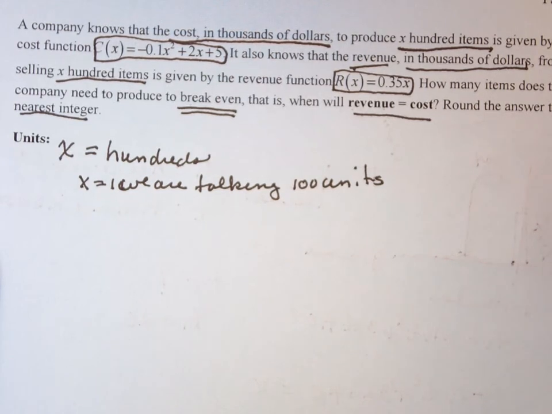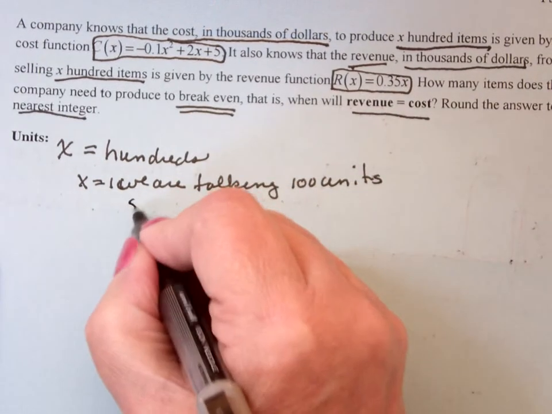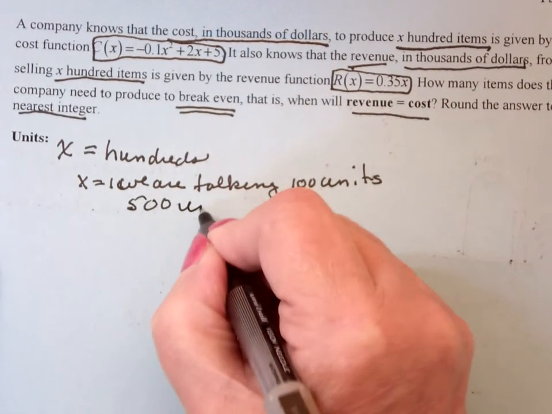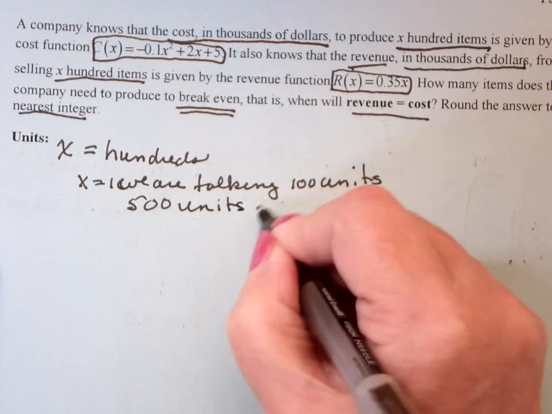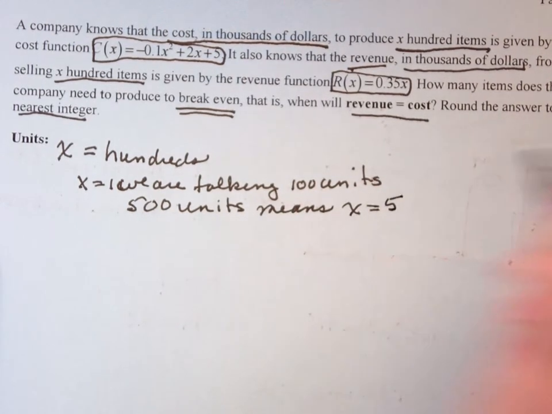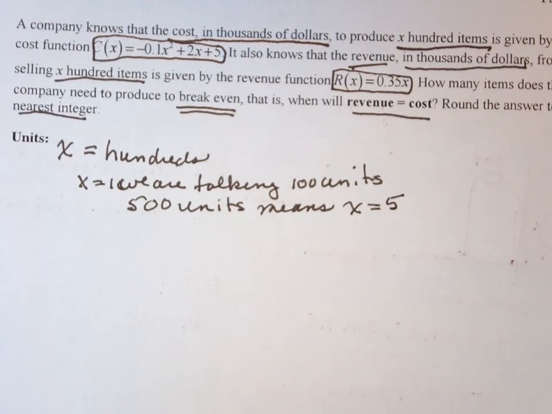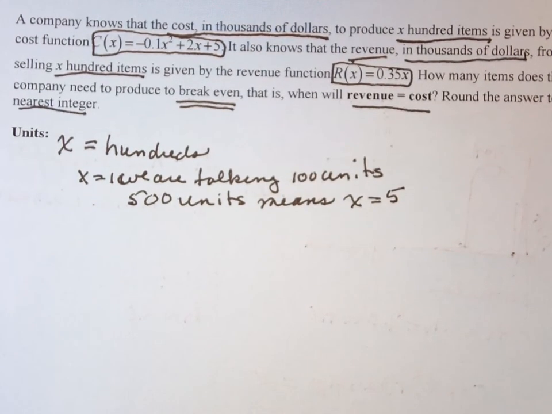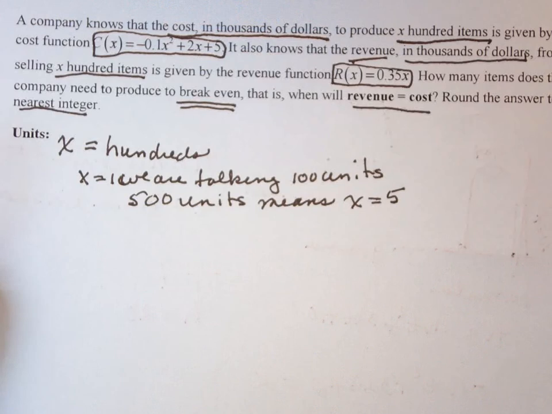So say 500 units, X would be 5. So 500 units means X equals 5 because it's in hundreds. And that's tricky. That's tricky.